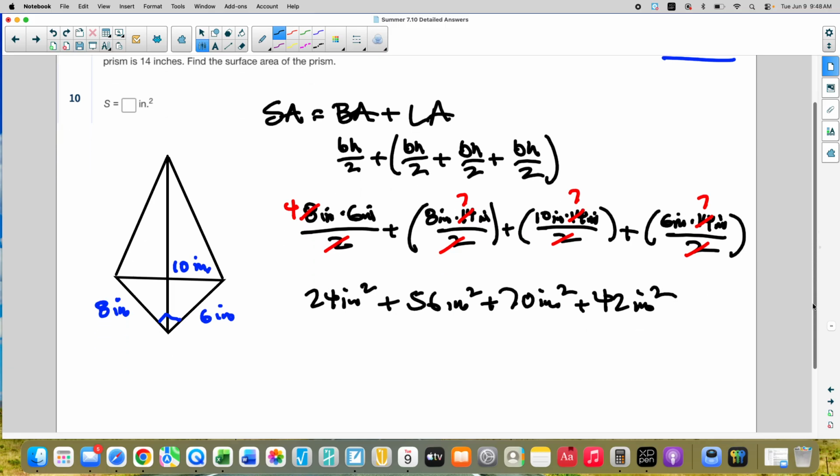Let's add those all up. 24 plus 56 plus 70 plus 42 equals 192 inches squared for the surface area.